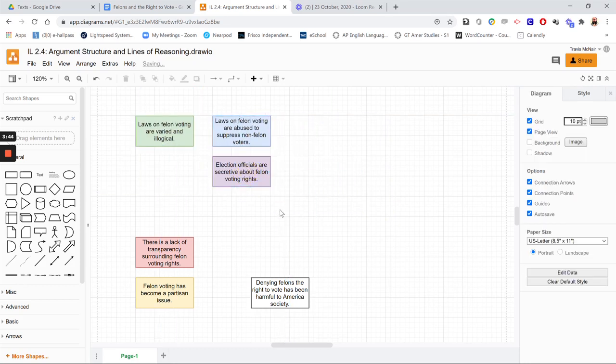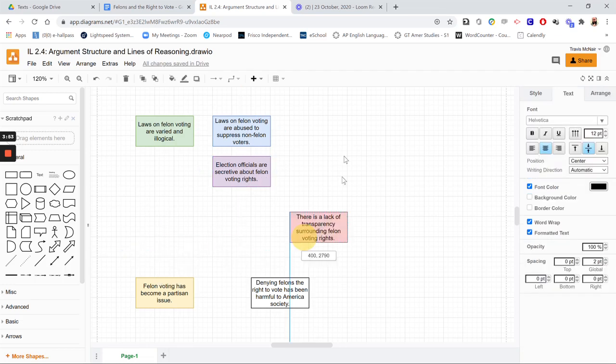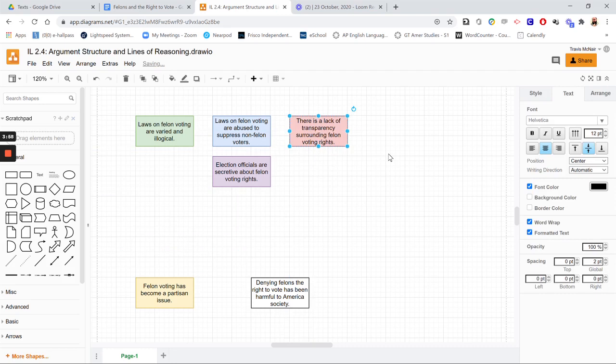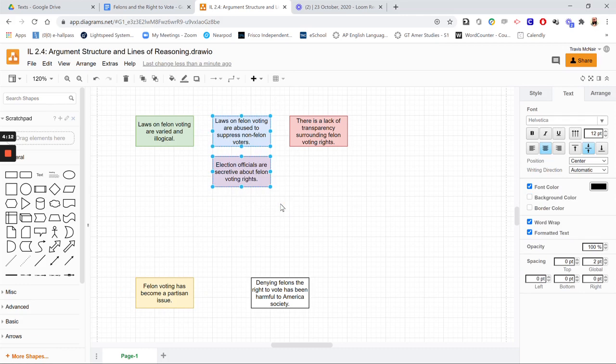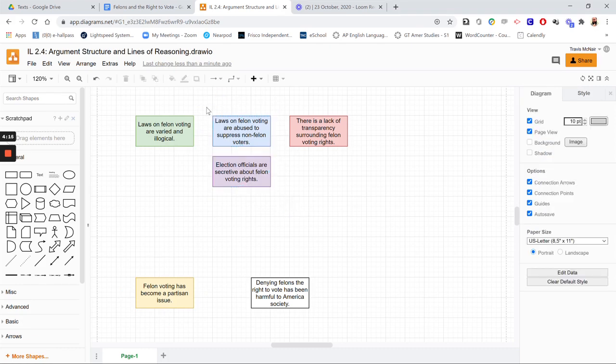And there we go. Next, there's a lack of transparency surrounding voting rights. Yeah, that is related to this element of secrecy, but it's not quite the same thing because it's all about how honest people don't know how to interpret them, whereas these 2 have to do with deliberate dishonesty, right? And then lastly, felon voting has become a partisan issue. It goes along with these two here because it's definitely one particular party that has been guilty of doing this.